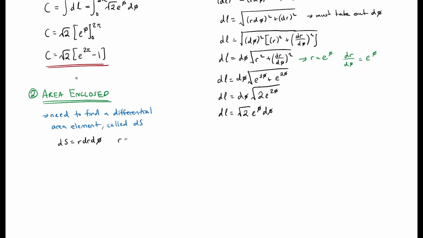We now know that r is equal to e to the phi. The range of r is going to go from 0 for the minimal distance, going towards whatever it's dependent on, so e to the phi will be its max.